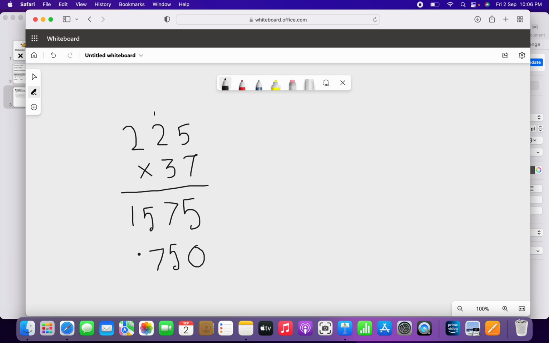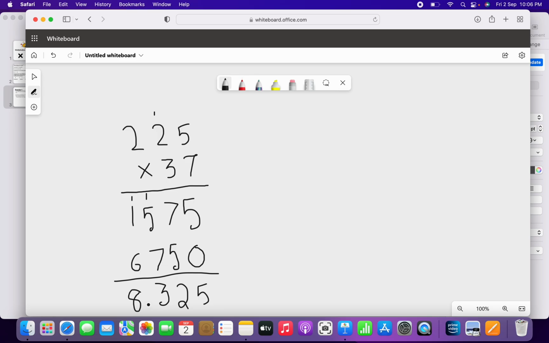Again, 3 times 2 is 6. Now the answer: 5. 5 plus 7 is 12. 7 plus 5 is 12, plus 1 is 13. 1 carry over and 3 over here. 6 plus 1, 7. 7 plus 1, 8.